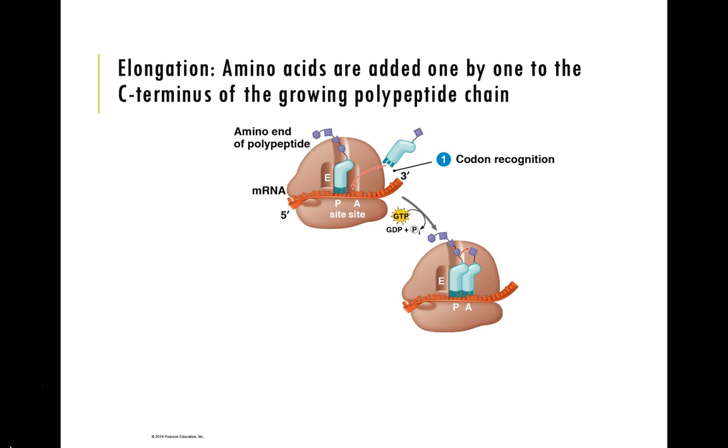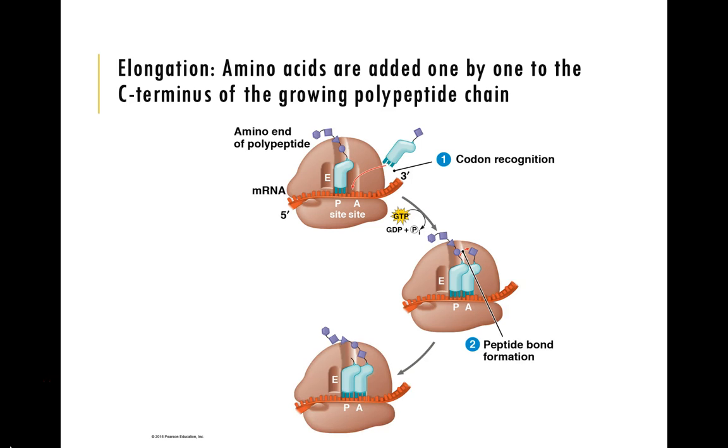That transfer RNA sits down, a little bit of energy is added, and then that peptide chain is going to be transferred from the P site over to the A site. So we're going to shift that polypeptide from the previous transfer RNA to the incoming RNA.